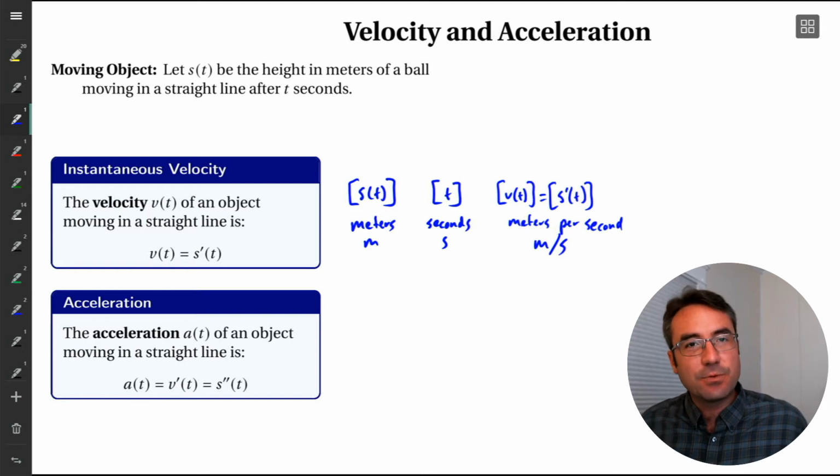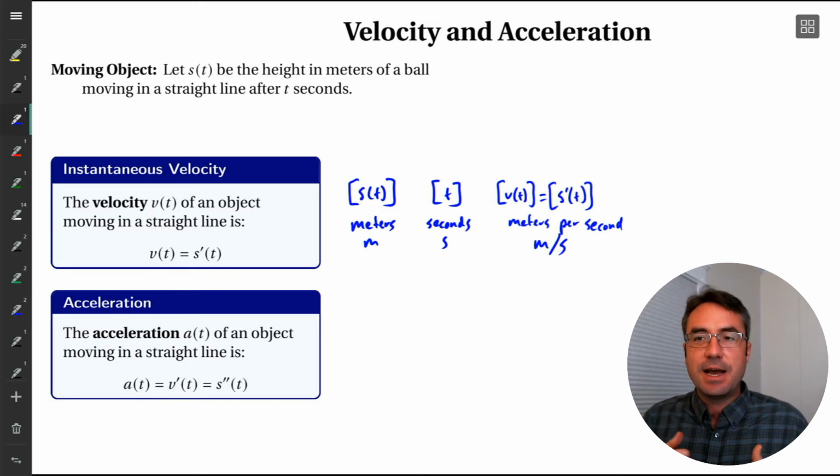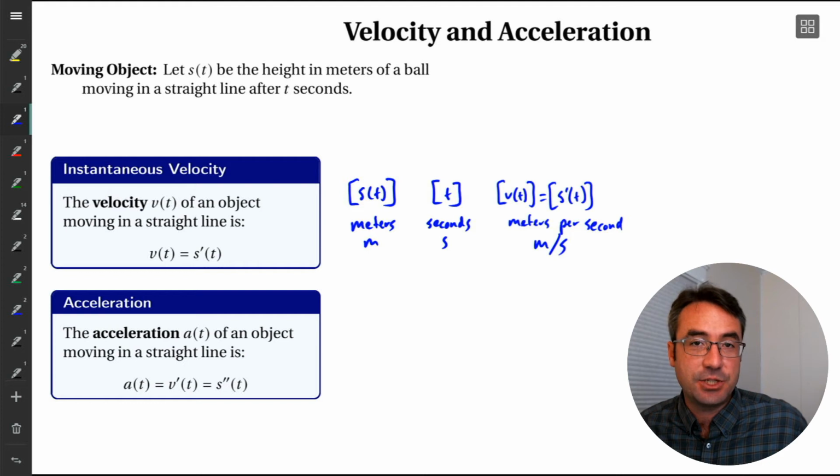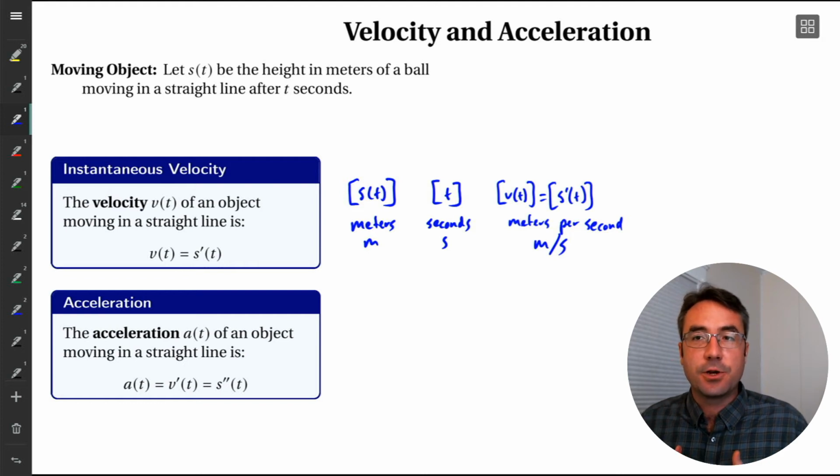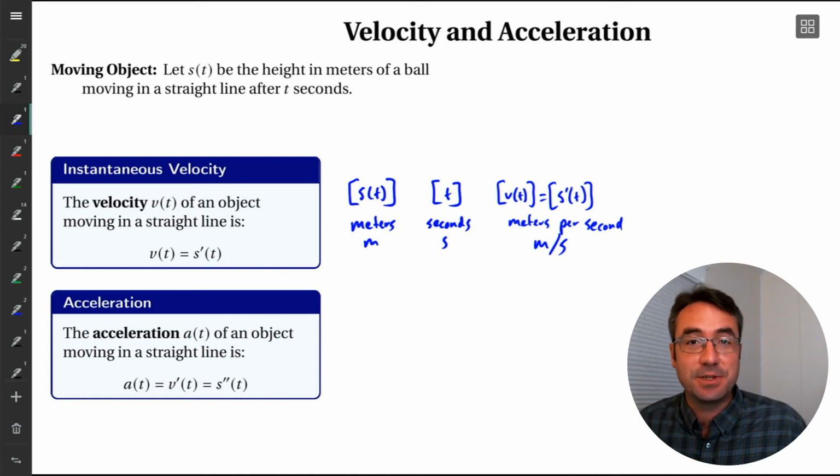So what acceleration really does is measure how fast the velocity is changing. Is your moving object accelerating, so it has a positive acceleration and the velocity is increasing? Or does your moving object have a negative acceleration, where the velocity is decreasing?